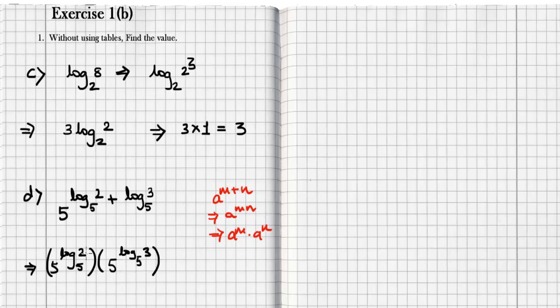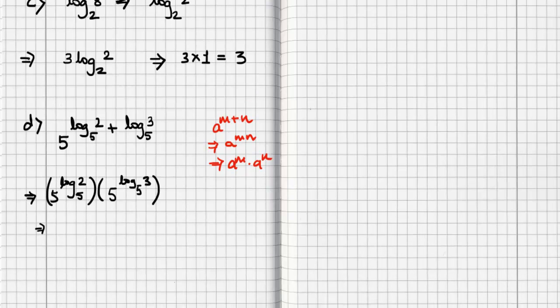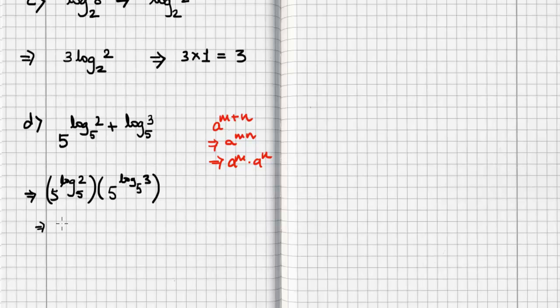Now 5 to the power log 2 to the base 5 will give me 2, and 5 to the power log of 3 to the base 5 will give me 3. This is theorem 1, and hence 2 times 3 is 6. Hence 6 is your answer to the question D.